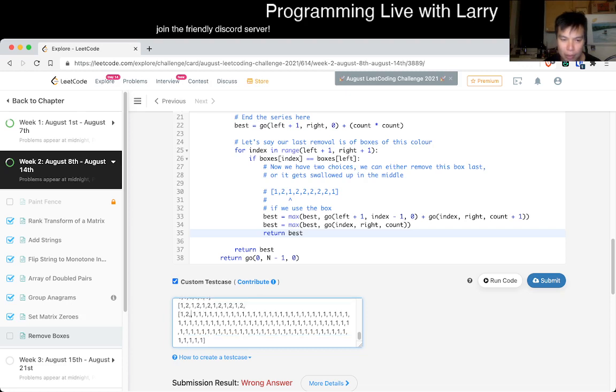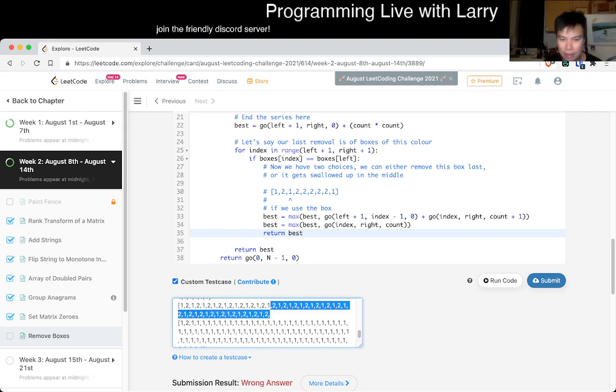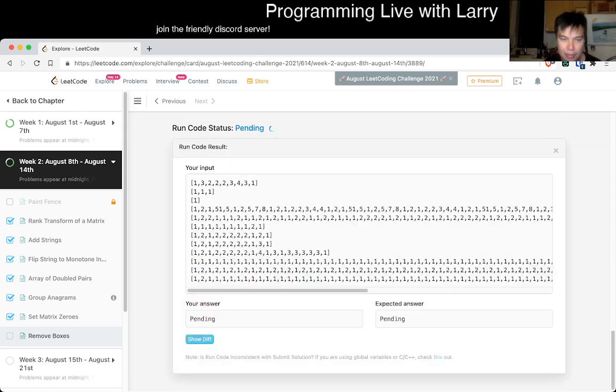But let's do one more optimization. 12, 24, 40, 36, 48. 96 is close enough. So maybe it is fast.